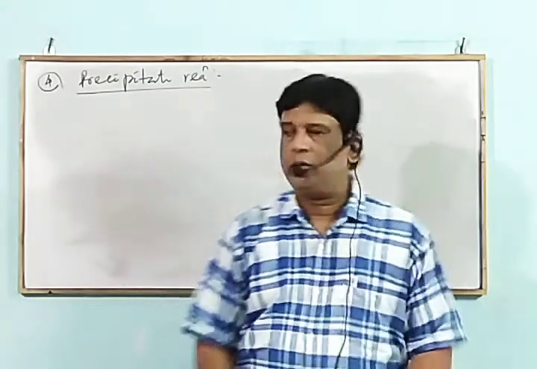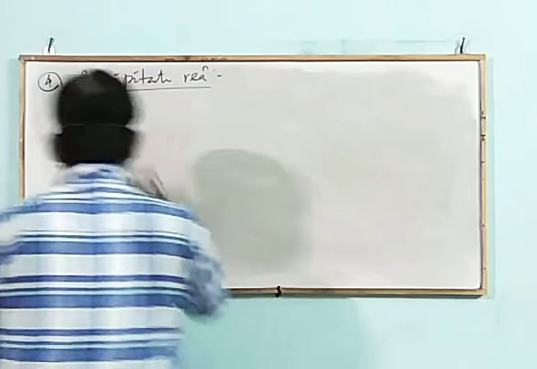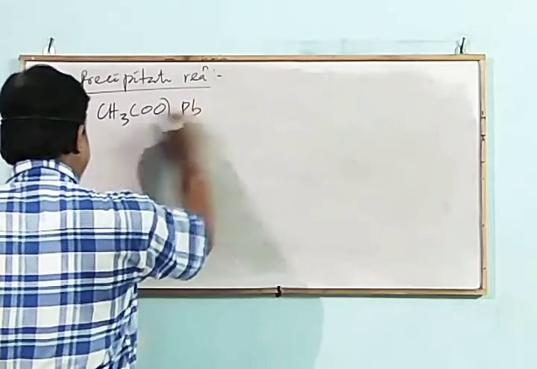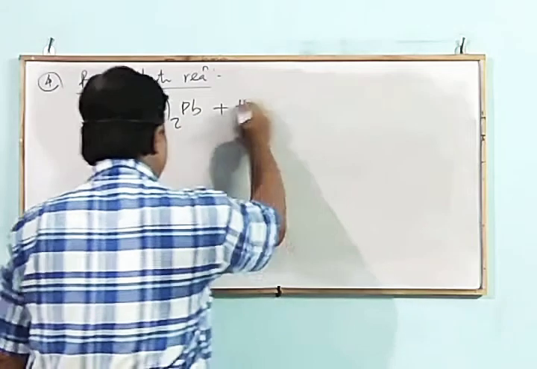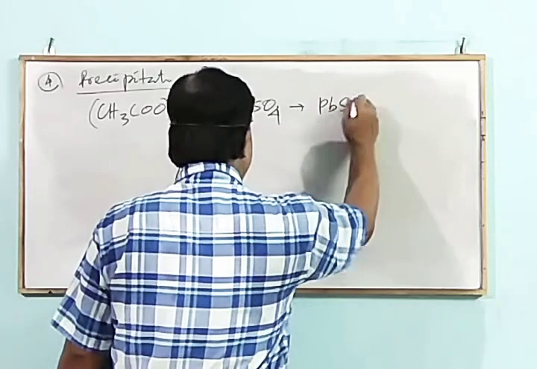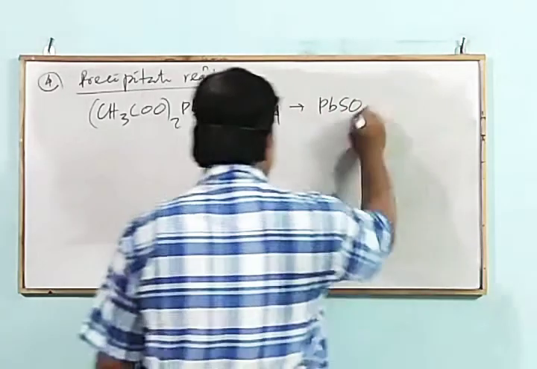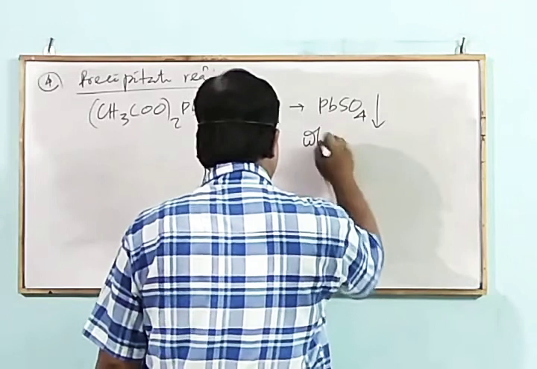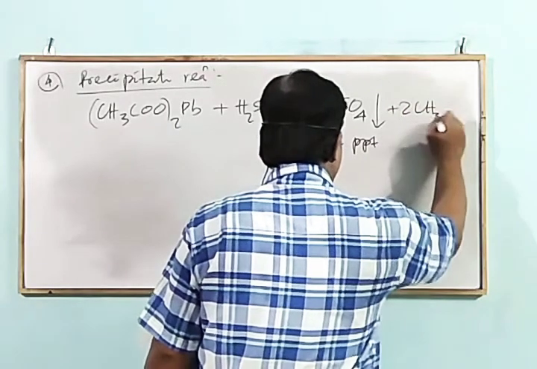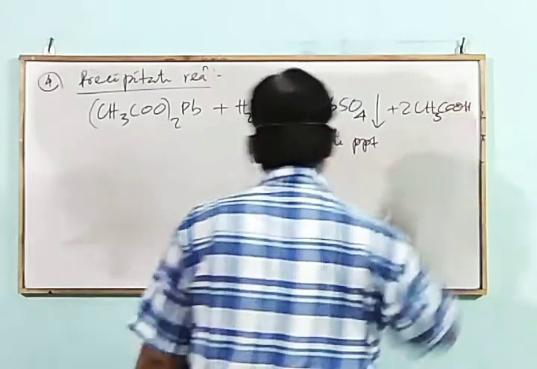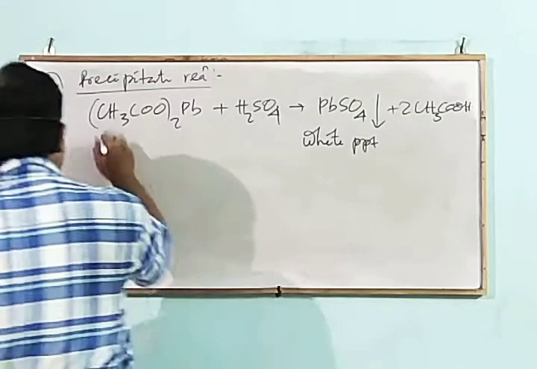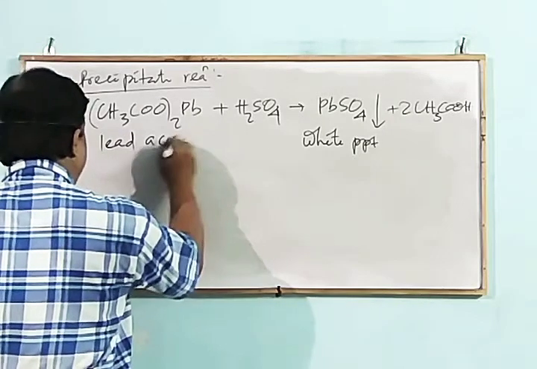For example, lead acetate treated with sulfuric acid gives lead sulfate, a white precipitate, plus acetic acid.